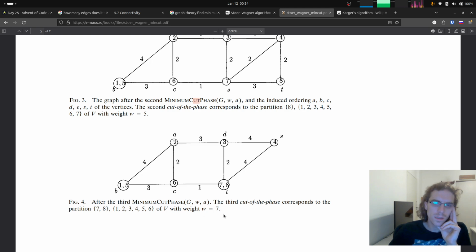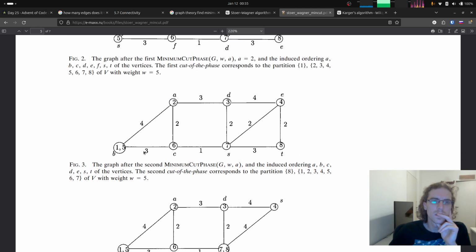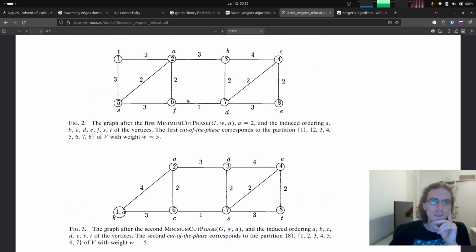After the third, yes, corresponds to this. The third cut of the phase corresponds to partition 7/8. Wait, why did the first partition correspond to the partition 1 and then this doesn't include the 5 with a weight of 5?